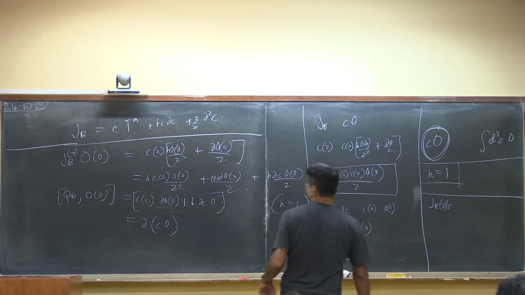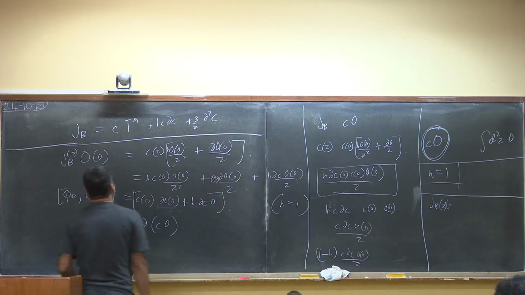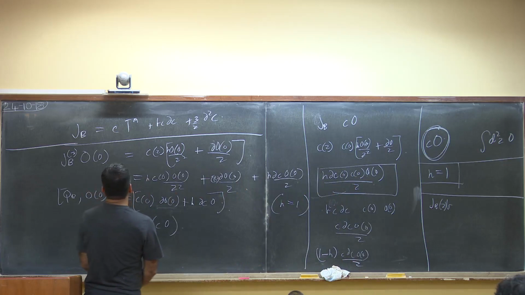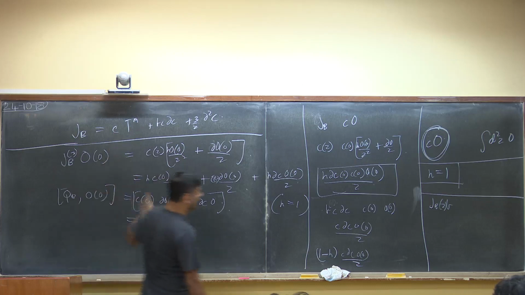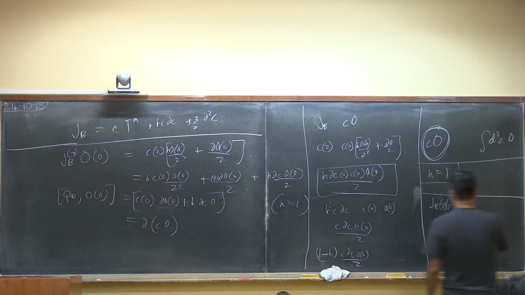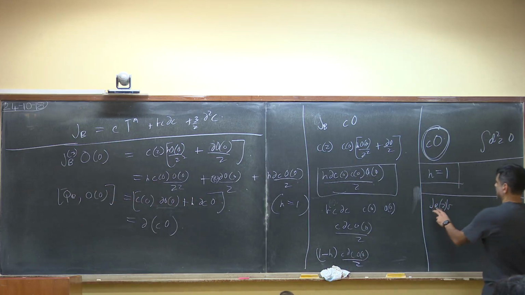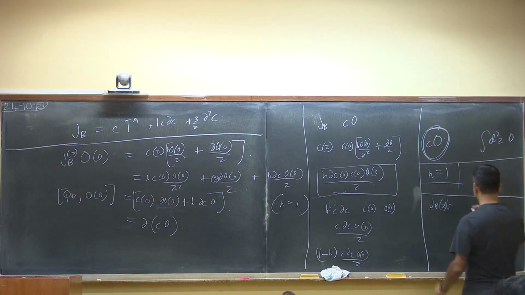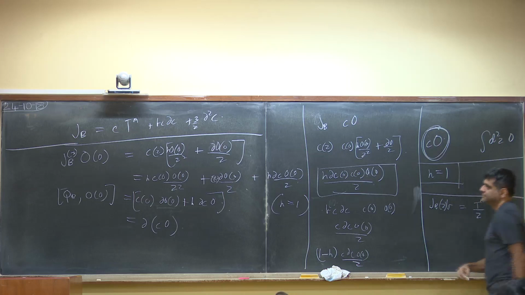Let me quickly remind you. J BRST times T. The first term gives C of Z, B of 0. So that first term will give us Tm by Z from here.